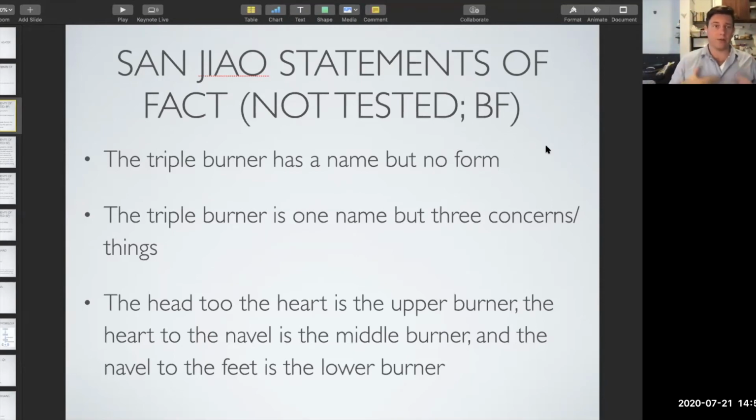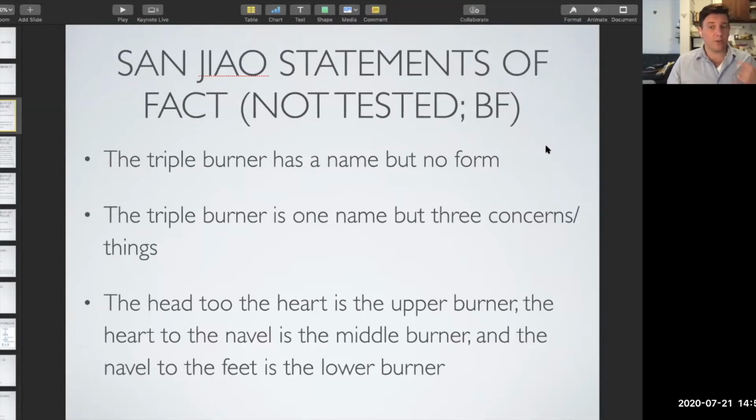Same thing with heart. If we're talking about heart, we're talking about the Shen, we're talking about all of these things, and one of them is the physical heart. But at the center of the idea of the heart is just the idea. We're talking about the same with the San Jiao. There is no physical form to connect it to. We're not expecting to see a physical structure anywhere that is the San Jiao. So it has a name, but no form.